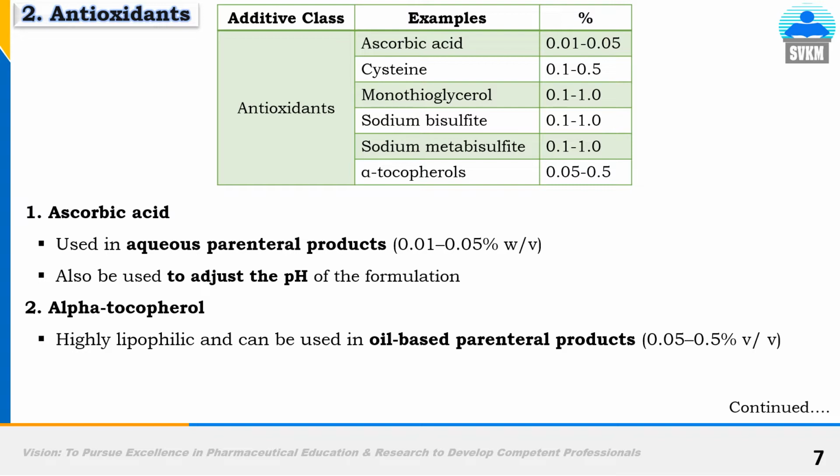Ascorbic acid, we can utilize it in aqueous parenteral products in the concentration range of 0.01 to 0.05% weight by volume, and we can also utilize it for adjusting the pH of the formulation. We can utilize alpha tocopherol in oil-based parenteral products in the concentration range of 0.05 to 0.5% volume by volume, as it is highly lipophilic in nature.